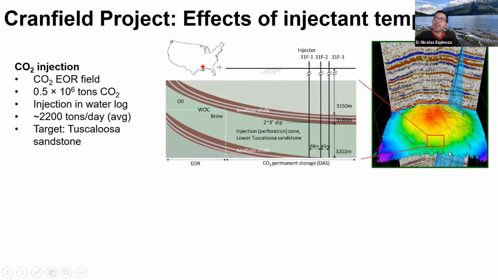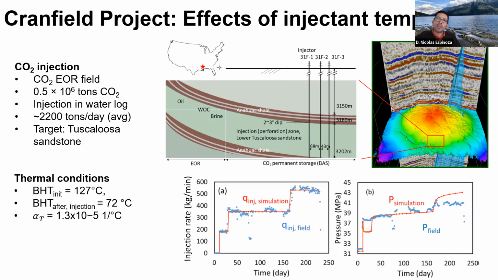This is a case here in the US, injection of CO2 adjacent to a CO2 EOR field. In this case, CO2 was injected on a schedule similar to the one we mentioned before with the step rate test, in which you ramp up the injection rate with time.